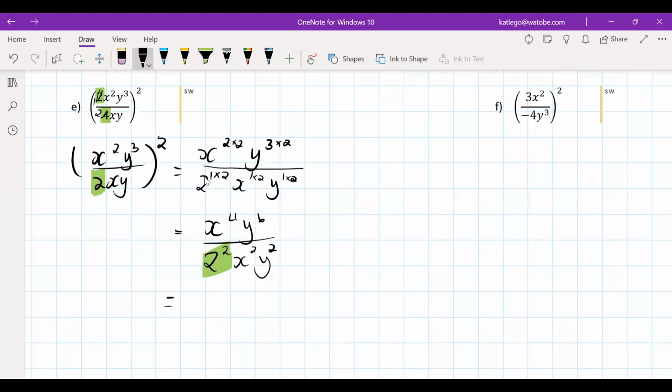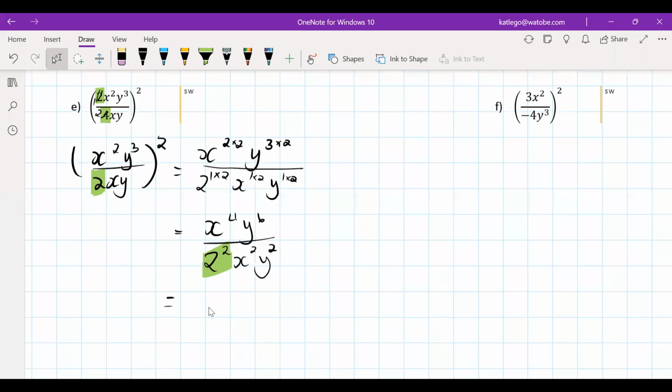No, ma'am. What else can we do with this sum? Ma'am, don't you say x to the power of 4 minus 2? There we go. Brilliant. So that would be the law's number? Number 2.